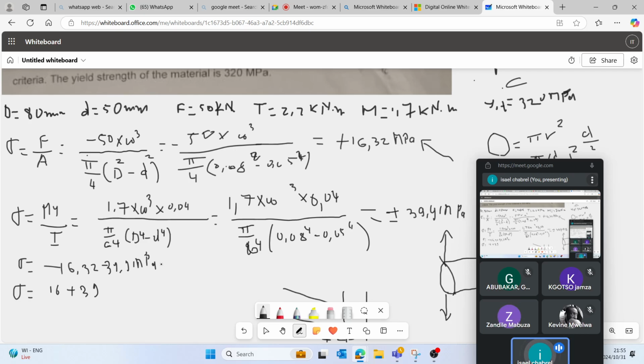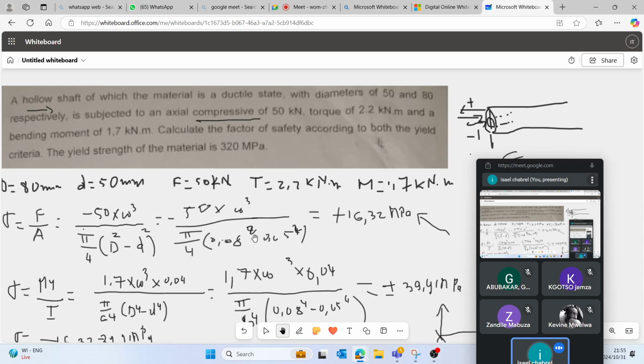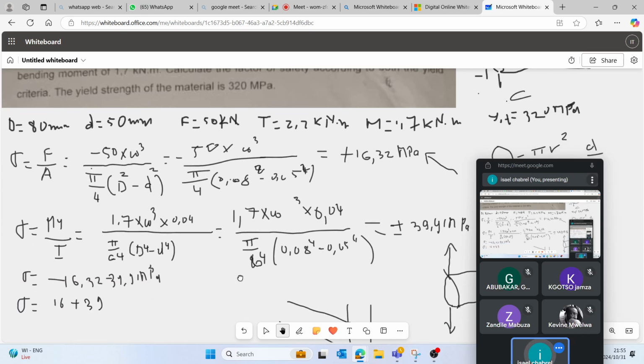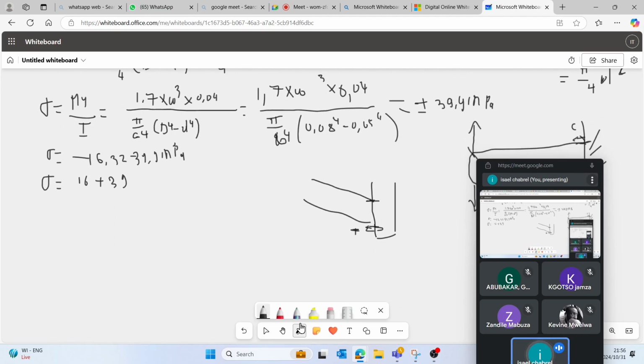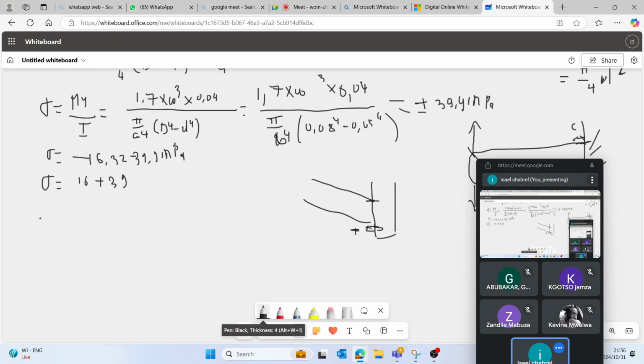Okay, yes, this is the direct stress. Next, guys, remember the torque creates what we call a shear stress. We call it shear stress, tau xy. Remember, if you have a bottle, when you open your bottle, that is a torque.